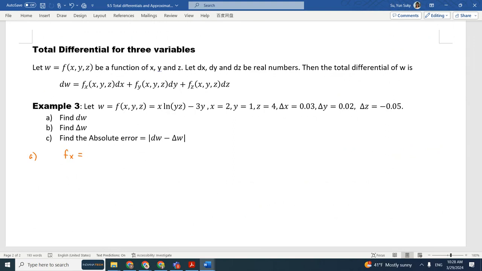Yes, the derivative of x is 1, and the other is just a constant multiple, so leave it there. And the derivative of 3y is 0. Right, everybody? Okay, good. How about fy? Derivative with respect to y.